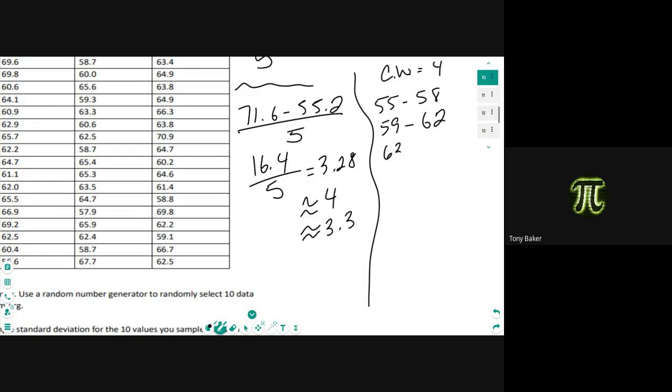The next one would be 63 to 66, 67 to 70, and then 70 to 73, right? Oh, you're right, 71. Okay. Is that how you do it? Does that make sense based on what we've done previously? Okay. Where would the number 58.8 go?